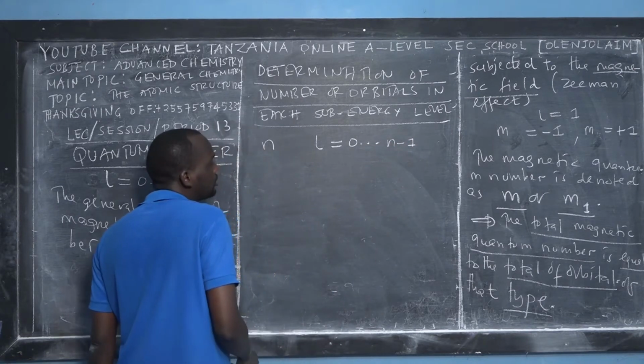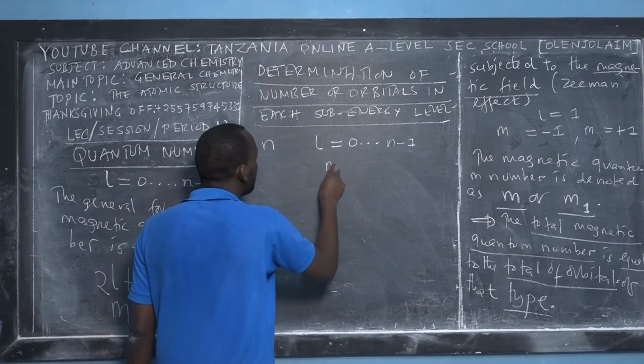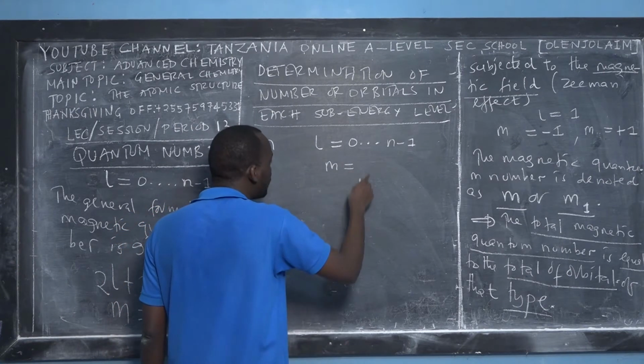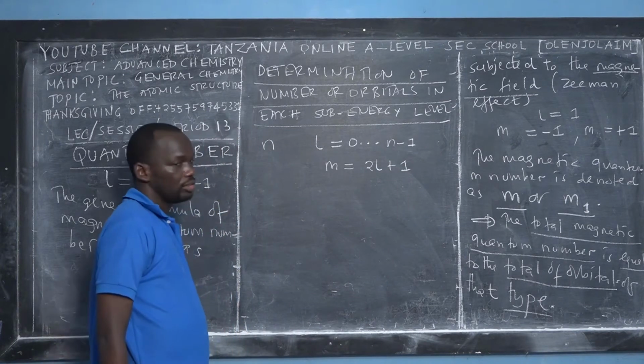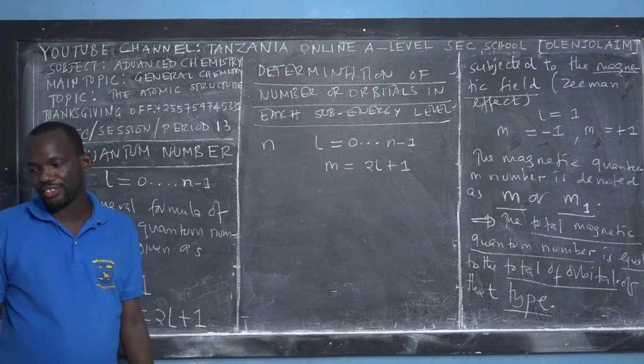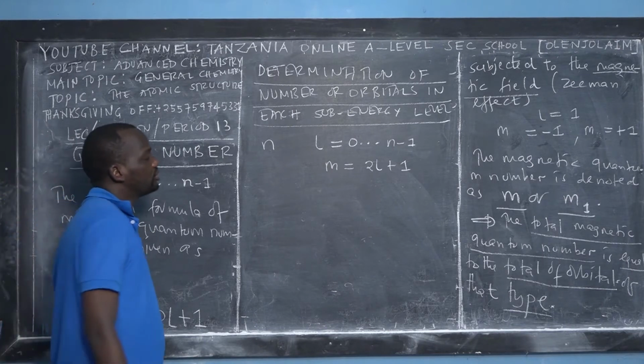And then I told you about the magnetic quantum number, whose general formula is twice L plus 1.